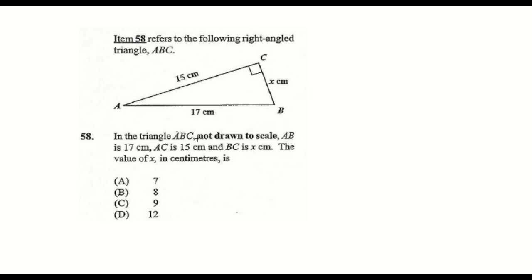And this one here, the triangle is not drawn to scale. AB is 17, AC is 15, and BC is x. What is the value of x in centimeters? Now, what do we know? This is a right angle triangle, so we're going to use Pythagoras theorem. We know that 17 squared equals 15 squared plus x squared.